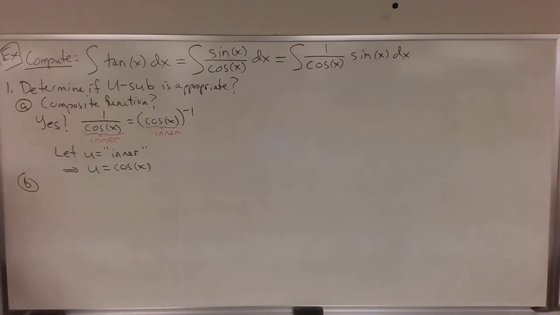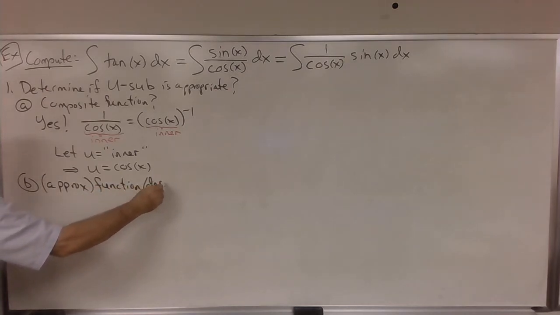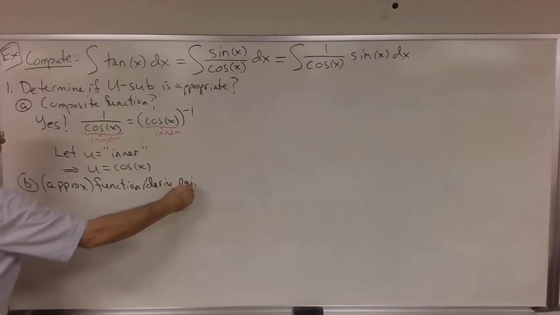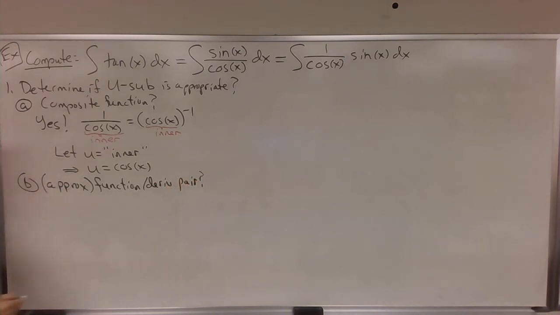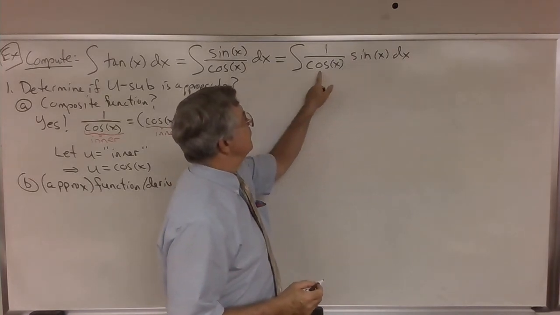Now the second thing that we look for is a function derivative pair or an approximate function derivative pair. And do we have one? We do. We have function derivative and function derivative.